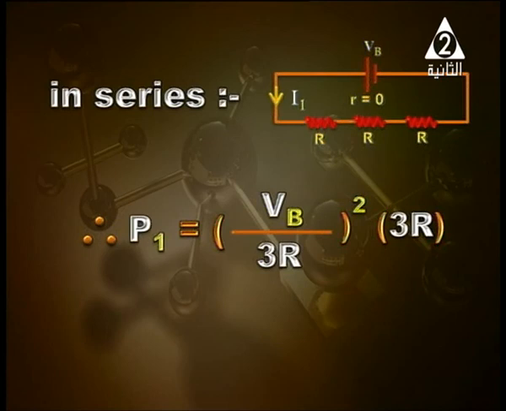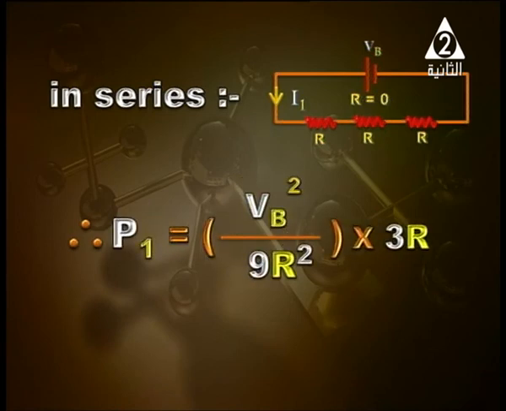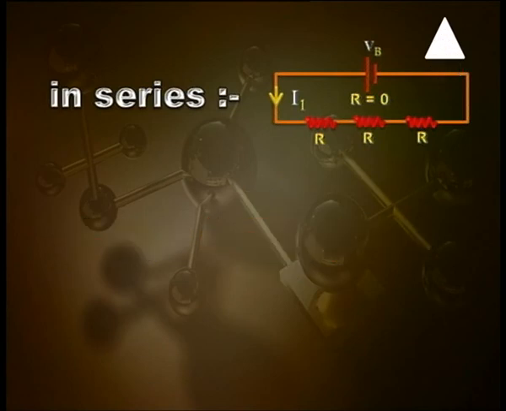So it is equal to (VB over 3R) squared times R equivalent, which is 3R. So the power is VB squared over 9R squared times 3R.